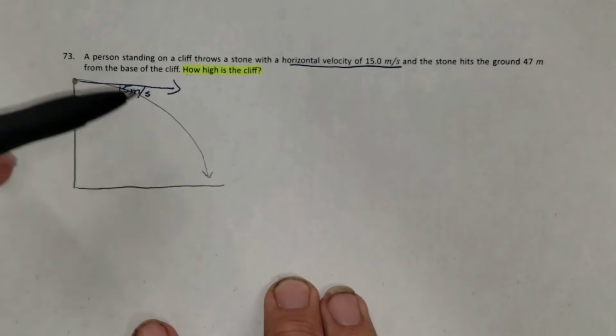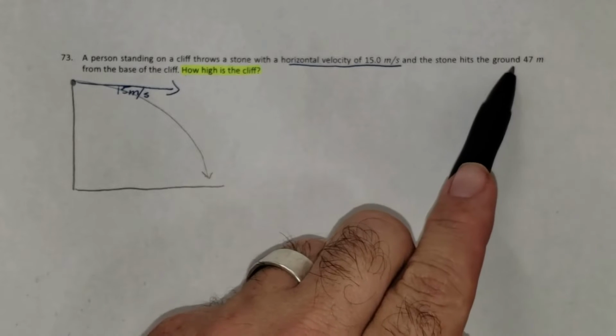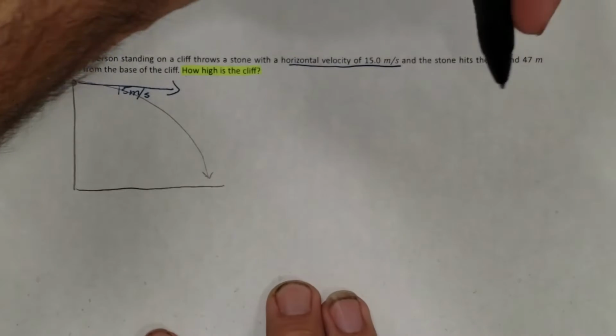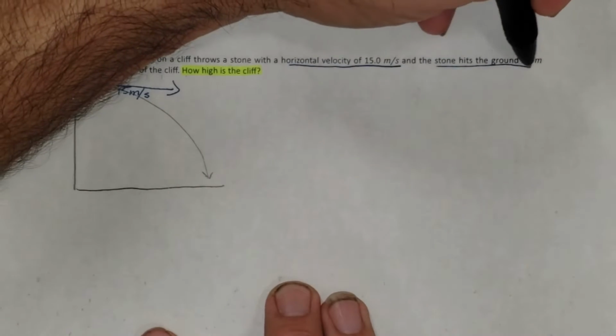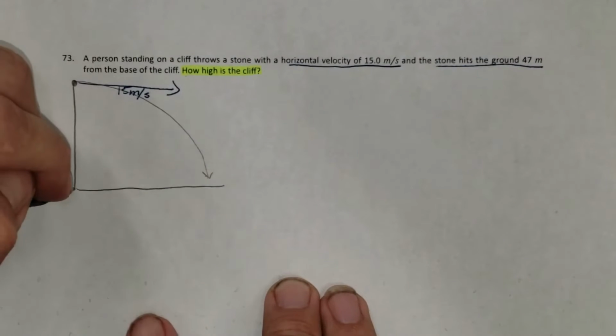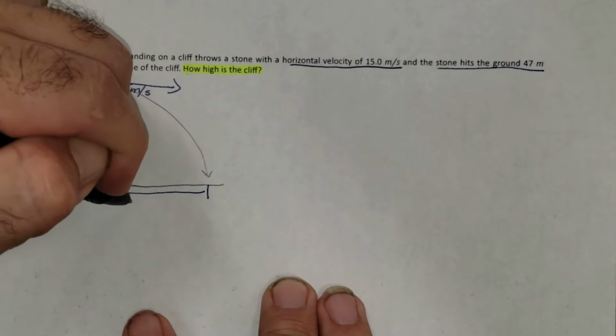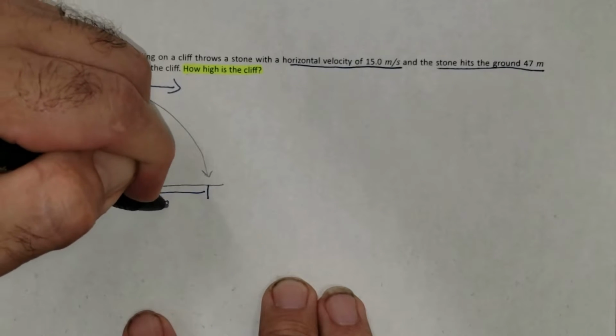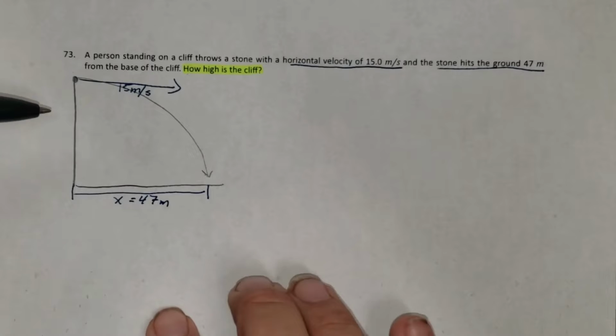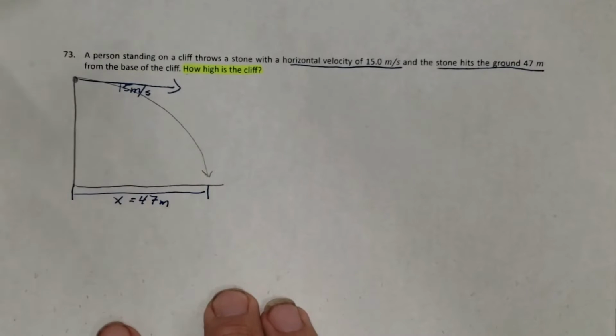We have that the stone is hitting the ground 47 meters from the base of the cliff. So our distance from here out to here, x equals 47 meters. So we need to figure out how high is the cliff.